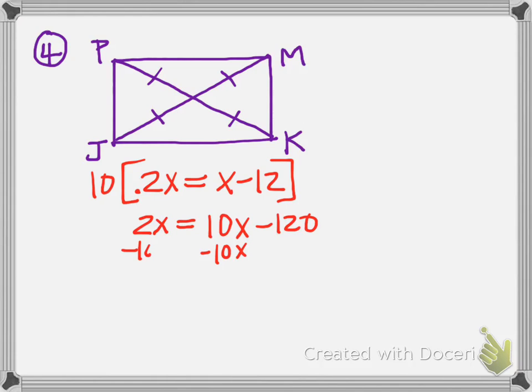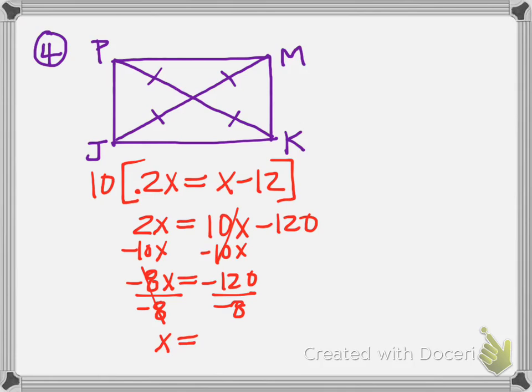So we'll get all our x's on one side. Negative 8x equals negative 120. Then we'll divide both sides by that negative 8. Negative divided by negative is a positive. 8 goes into 120 15 times. So x has a value of 15. But the question says find PK.